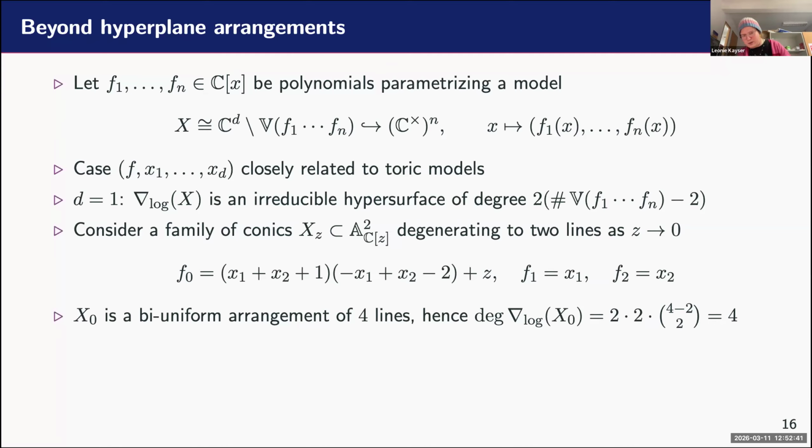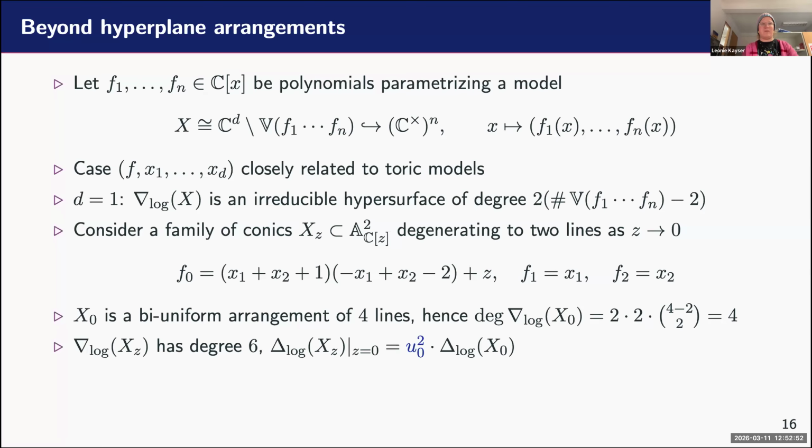And we currently only partially understand hyperplane arrangements, so we know that this special fiber has an arrangement of 4 lines, so the discriminant has degree 4. But if you take, instead of this, the discriminant of the family in z, and then let z go to 0, you get something of degree 6.